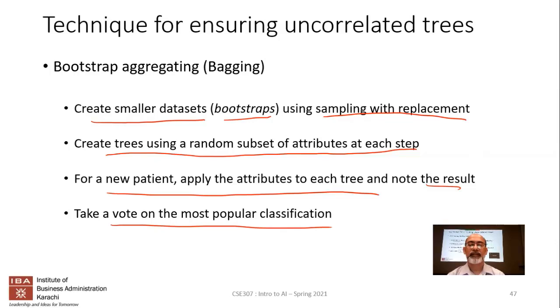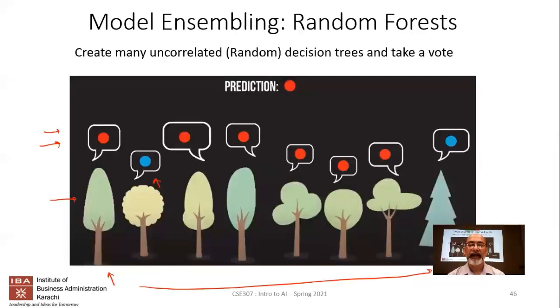Okay, so that's an interesting question. And what you're saying is, would the entropy be high for the data set? Okay, so the point is that we're not really looking at the entropy. What we're doing is we've picked a random sample, and now we're creating a tree out of that.